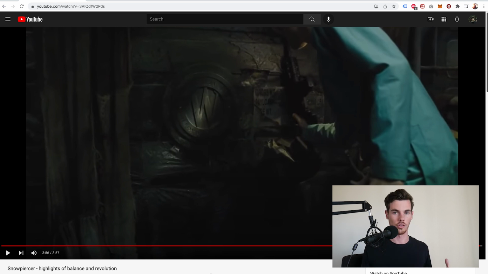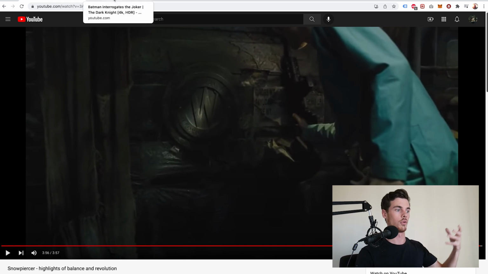Therefore, what does Curtis do, right? Because now Curtis has a choice to make, and this continues on in the rest of this scene, where Wilford makes Curtis choose to either take up the mantle of leading the train or not. And then you can see the choice that Curtis makes in the actual full climax there.